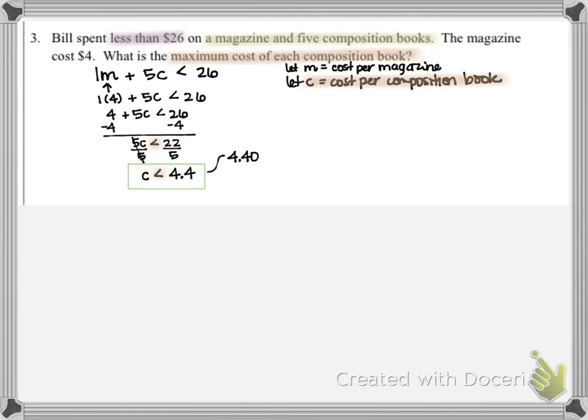Well, let's think money. The money value that is just lower than 440 is going to be 439, immediately below it.